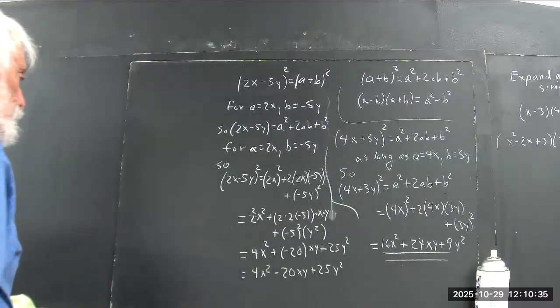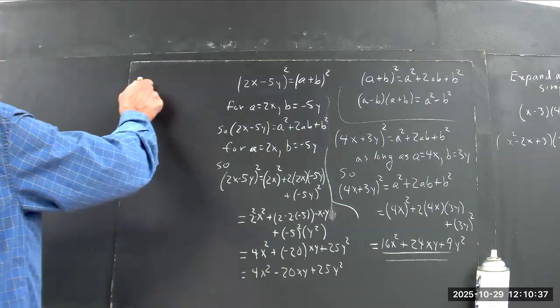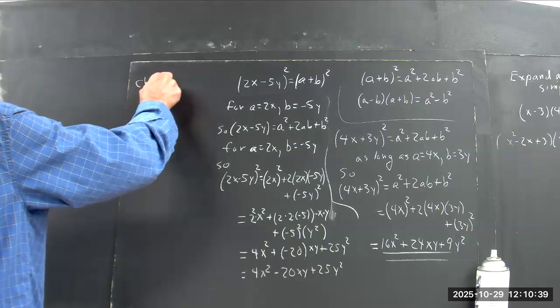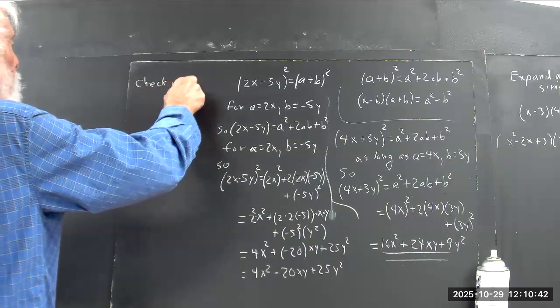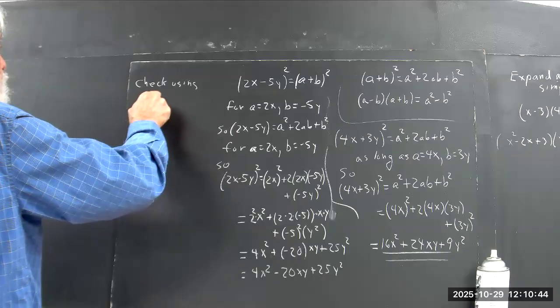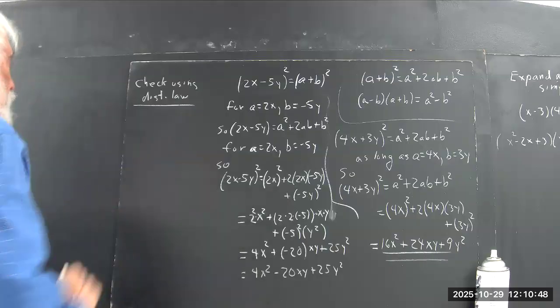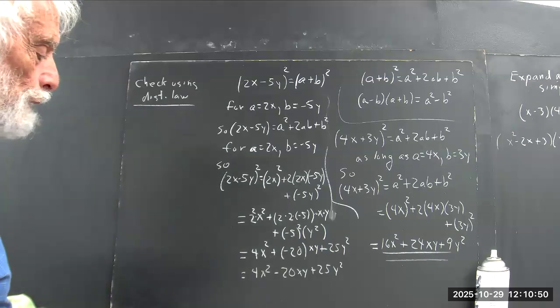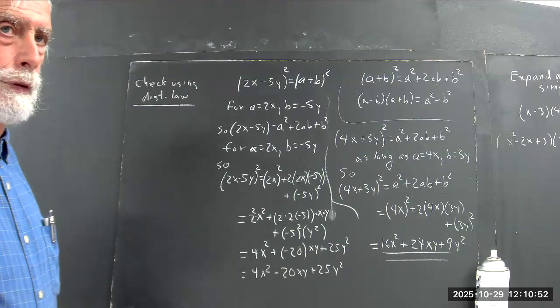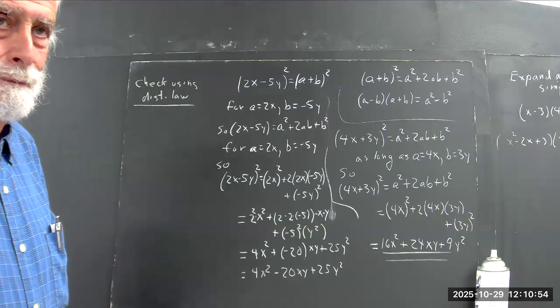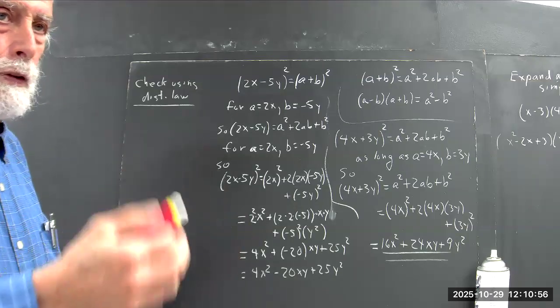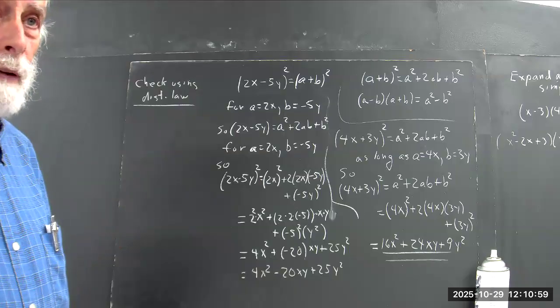I recommend checking it. I say using the distributive law, and when I say that, I mean using the distributive law of multiplication over addition, not of exponentiation over multiplication. I don't even really talk about that.